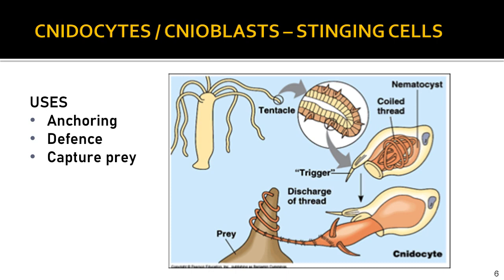So there are three uses with these tentacles along with the nematocyst or stinging cells. One is anchoring, another is defense mechanism. So when enemies come, it will emit this colored substance which is present inside, and it will escape from them. And the third use is for capturing the prey. Clear? Okay.